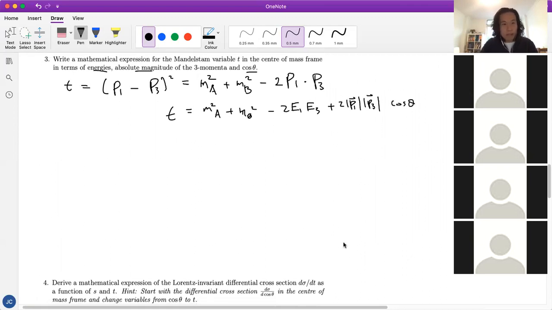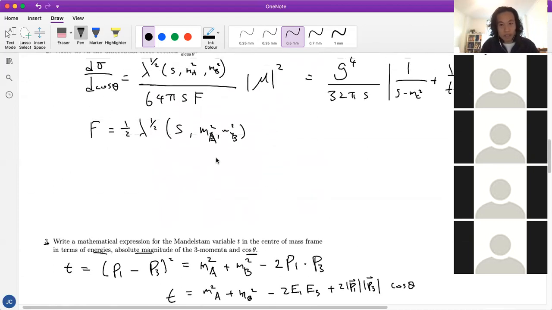Okay, 4, derive a mathematical expression for the Lorentz invariant differential cross section d sigma dt. This t here is not time; it's the Mandelstam variable t. That's why we did part 3, to get this t in terms of cos theta. So start with the differential cross section d sigma d cos theta in the center of mass frame, and then change variables from cos theta to t.